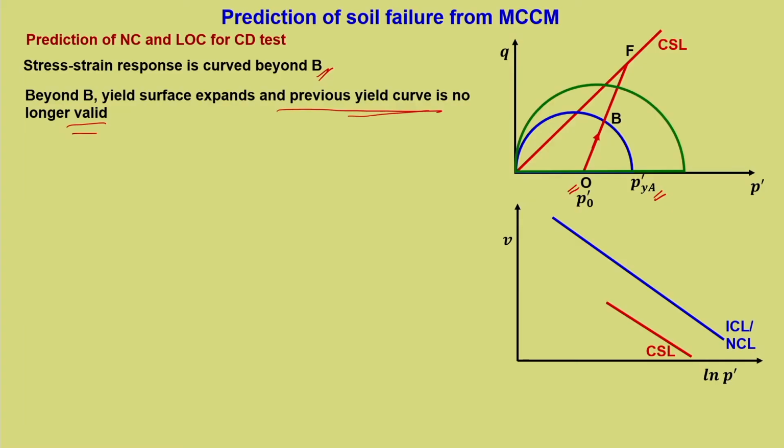So, that yield curve which is passing through the point of intersection of effective stress path with the critical state line, that is this particular point F. So, this intermittent point is given as C, that is point of intersection of ESP with the green yield curve, which is an intermittent yield curve, and then the final yield curve is given as red one.